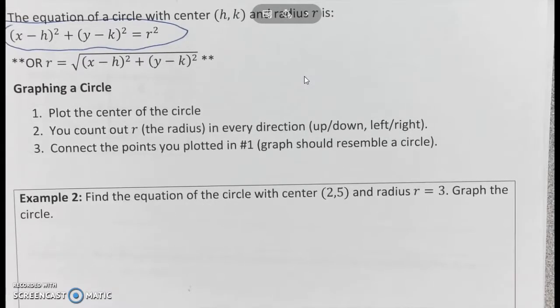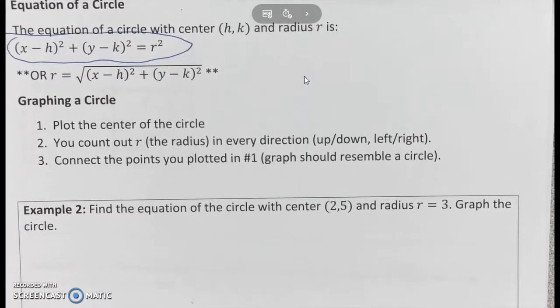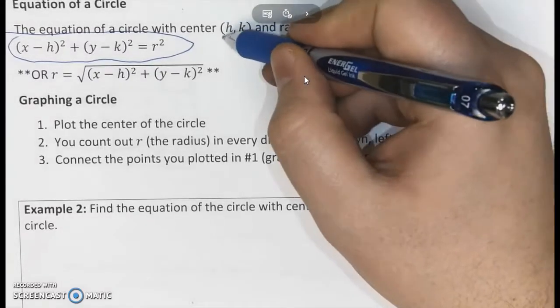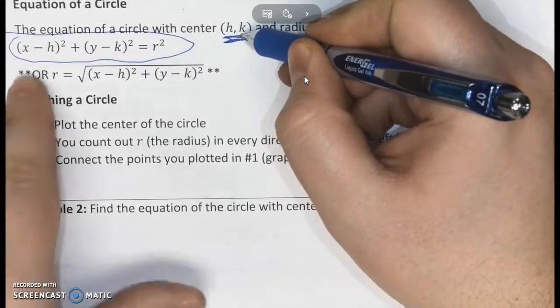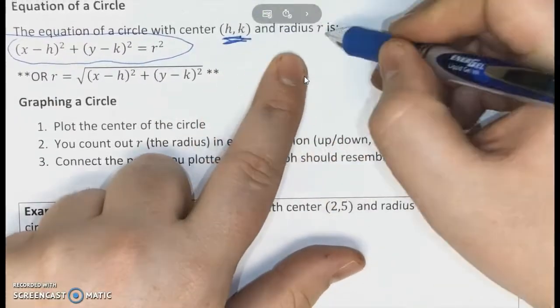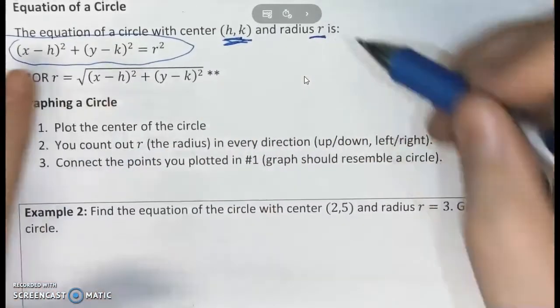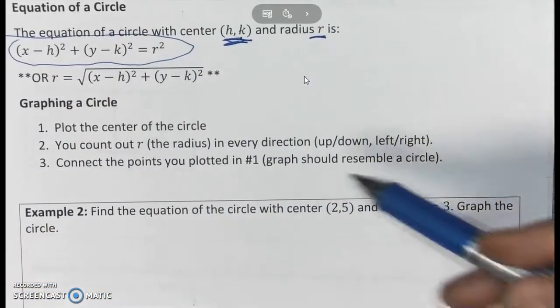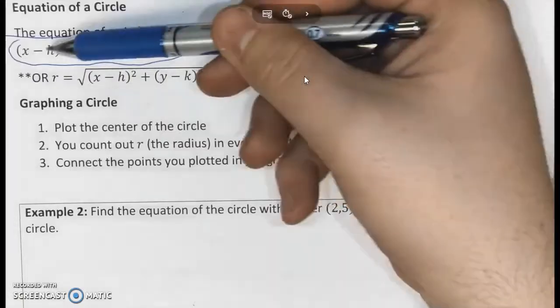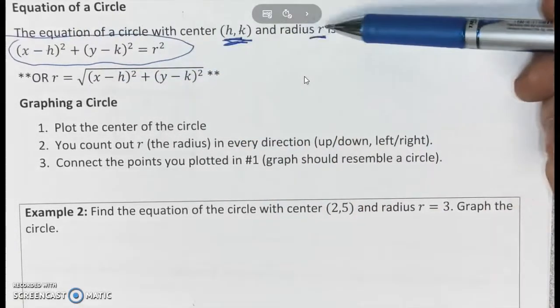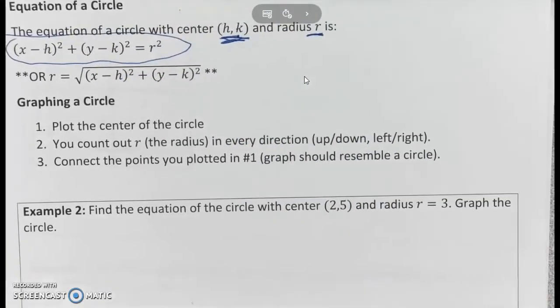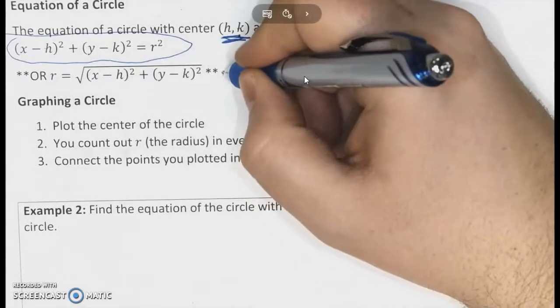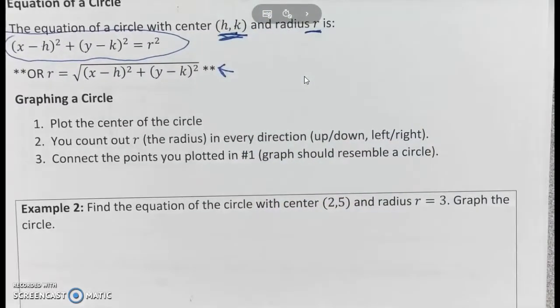So h and k would be the points of your center of your circle. So the center is h comma k and the radius is r. So you would just plug in your h value, your k value, and your r value to that equation. The same would be true if you wanted to use this equation, which is essentially just the distance formula.